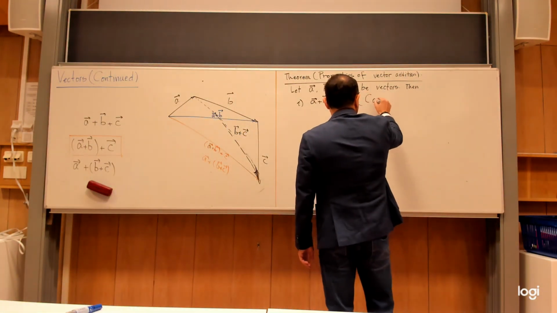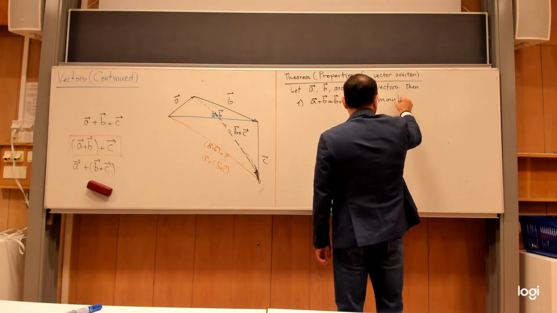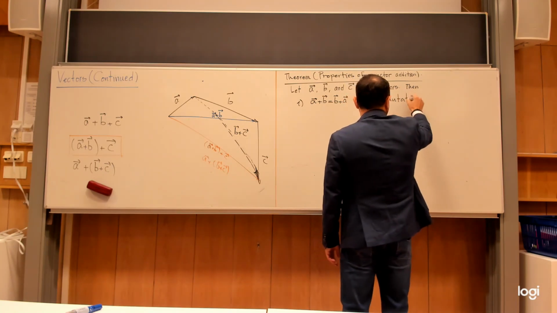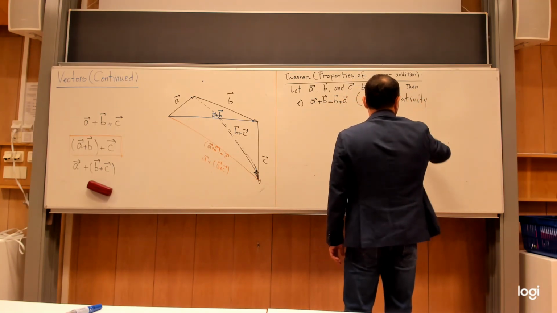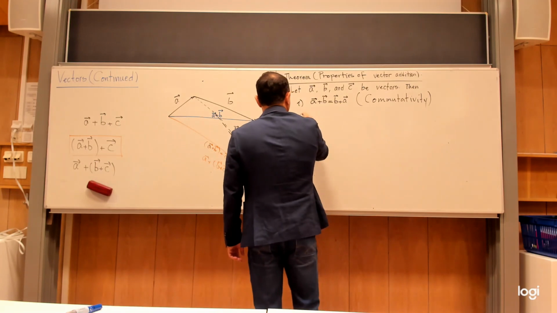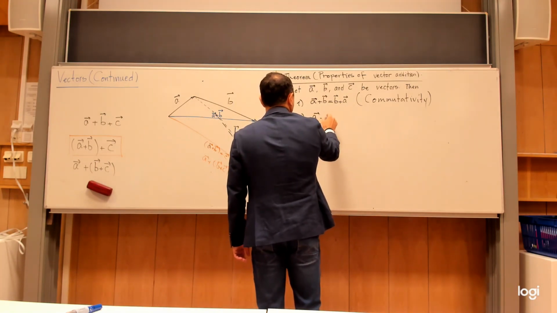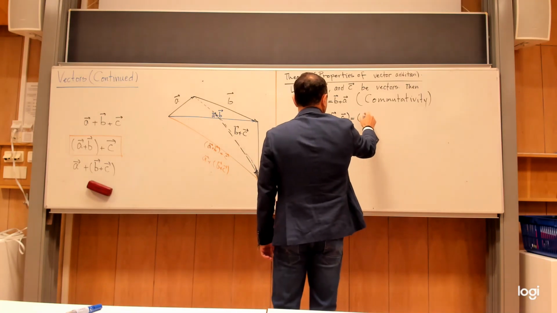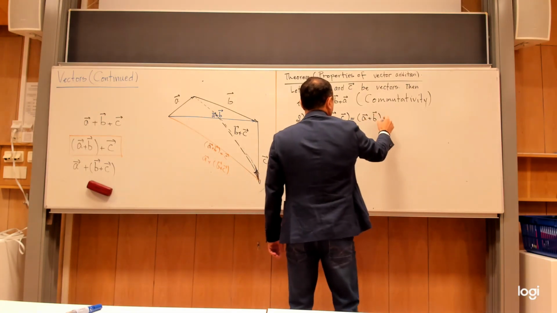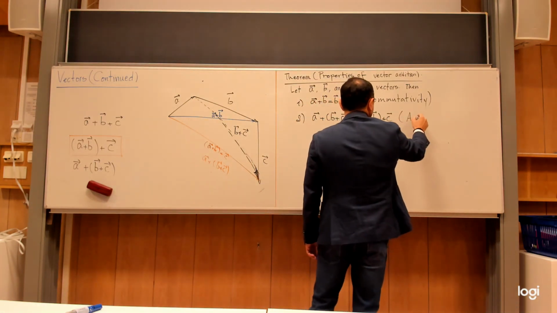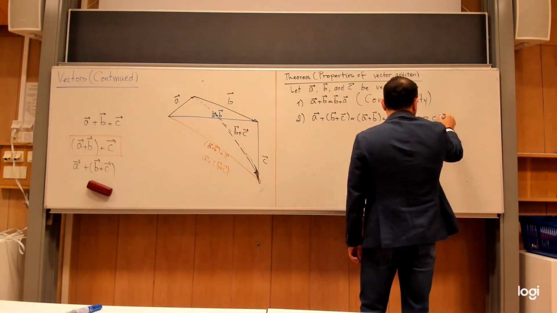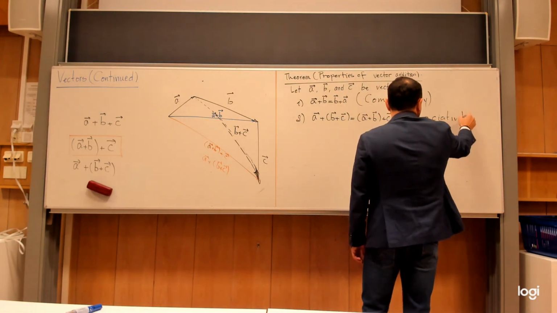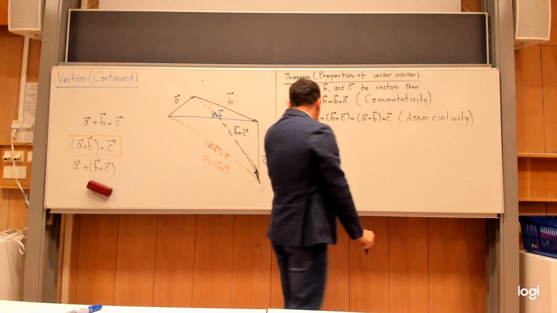So commutativity. So number 2, A plus B plus C is equal to A plus B plus C. Associativity. Okay.